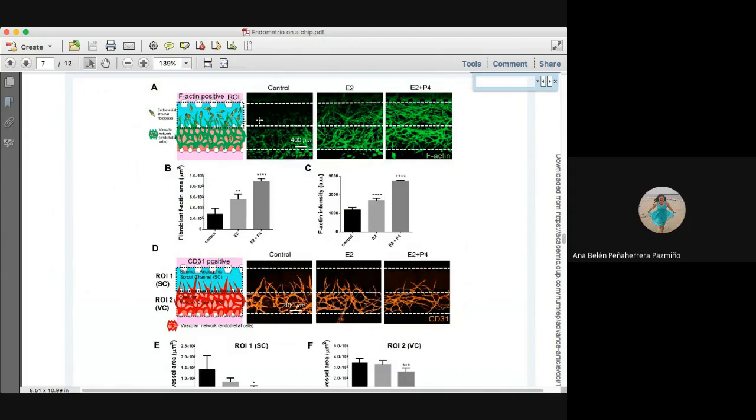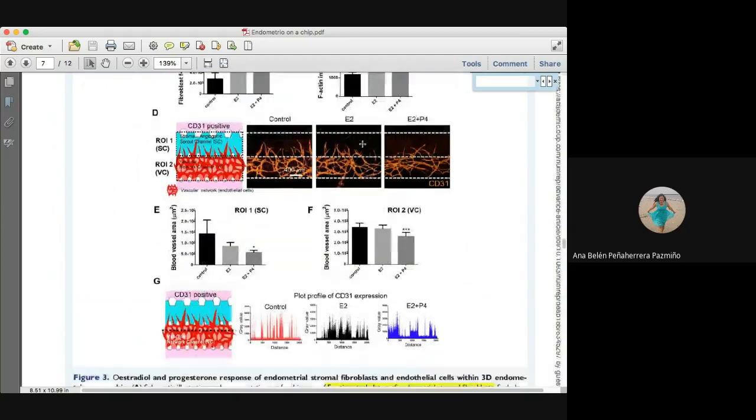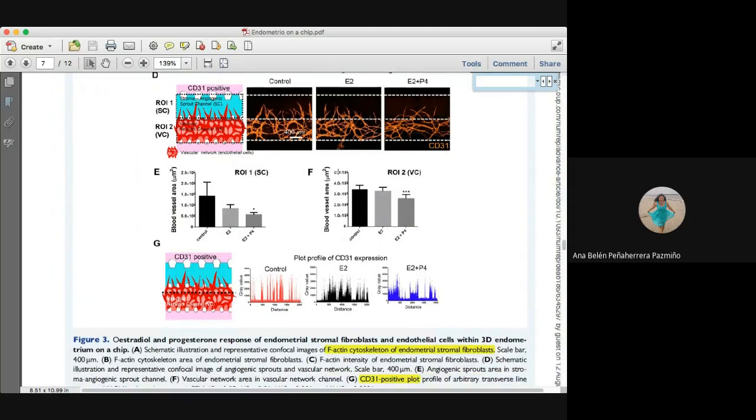As you can see here, they divide in these two layers, and the fibroblast actin area is measured by image analysis. They also characterize the vasculature, the vascular network with the CD31, and it's also measured by image analysis.